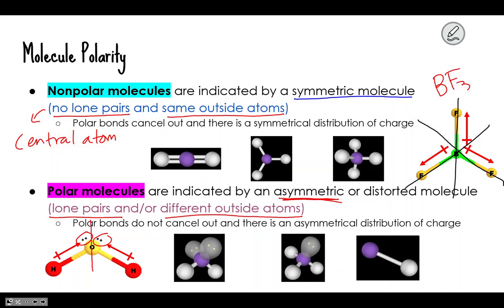You can cut it this way, but if you try to cut it this way, it is not symmetrical. This one right here too, where you have only two atoms in the molecule, if you cut it this way, it's different on both sides, purple one, gray one, so that is not symmetrical. So lone pairs throw off the symmetry, and different outside atoms throw off the symmetry as well.